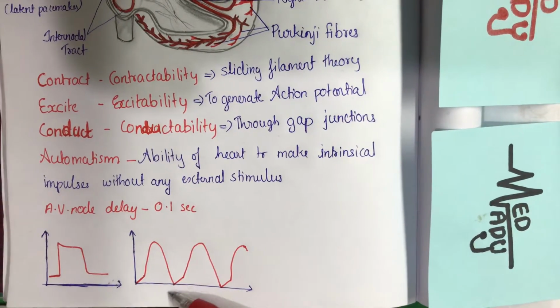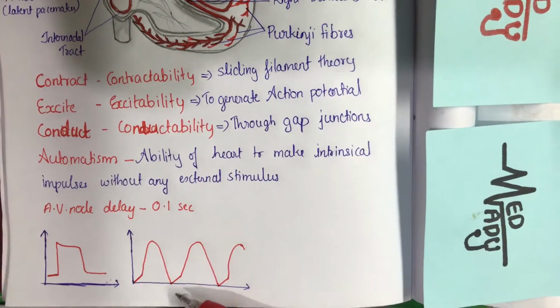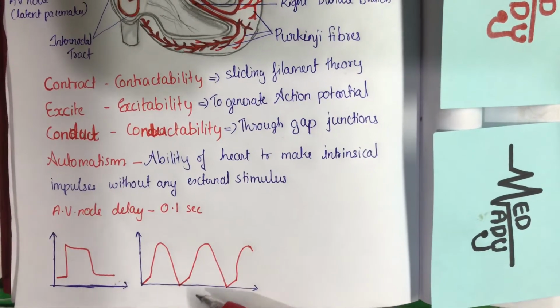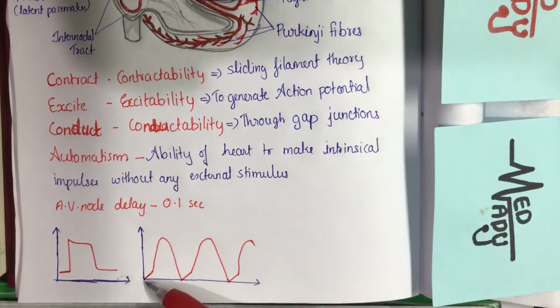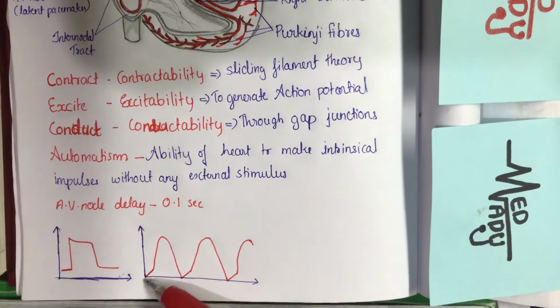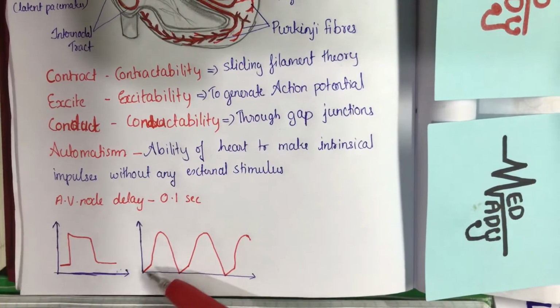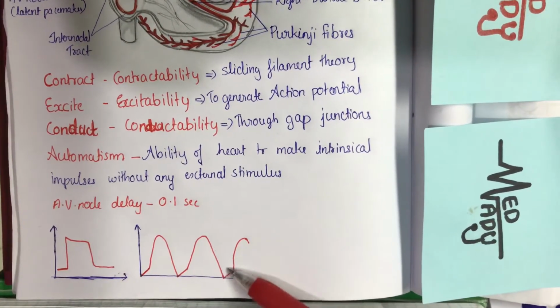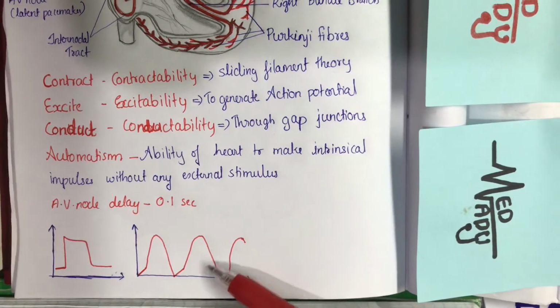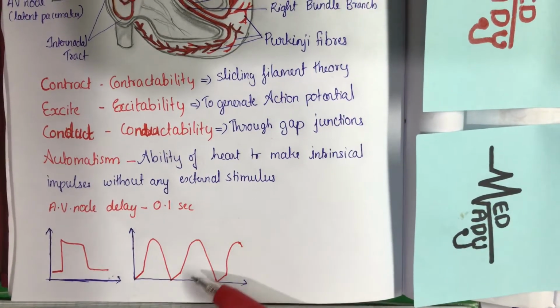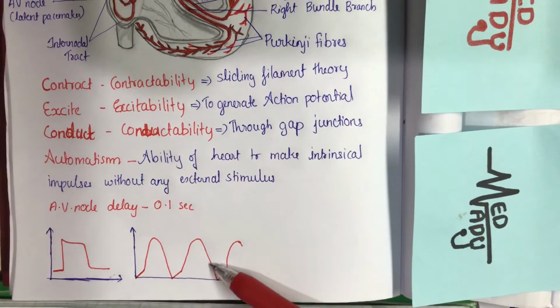But here one thing is absent compared to other cells like neurons: hyperpolarization is absent, and once it starts to make an action potential, it continues like this. So this is the property of the SA node, the property of automatism.